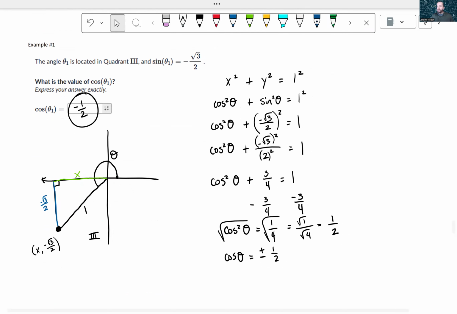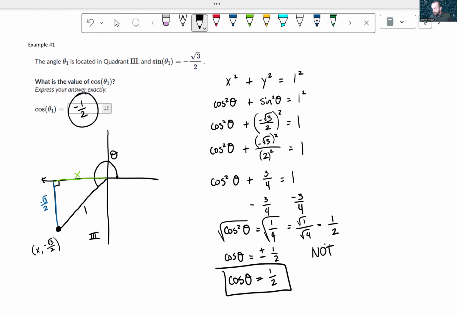So you don't have to draw a diagram for each one of these, but just make note of the fact that we have to determine what quadrant it's in to figure out if it's going to be a positive value or a negative value. Excuse me, that's supposed to be negative 1/2, not positive 1/2.